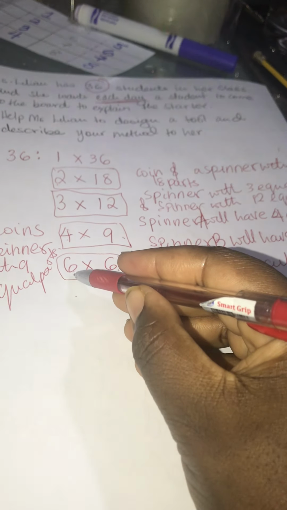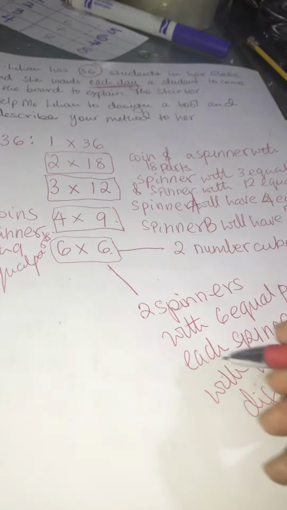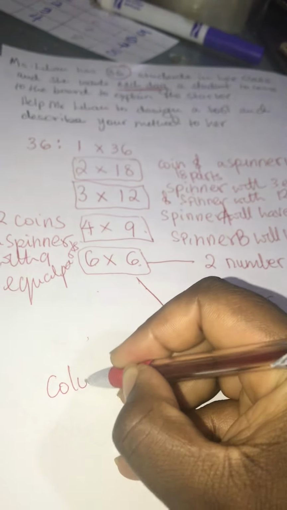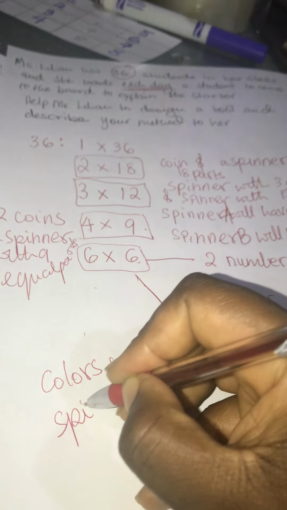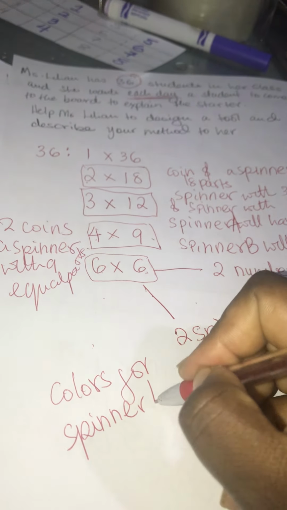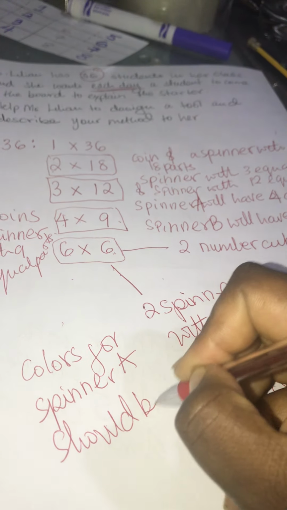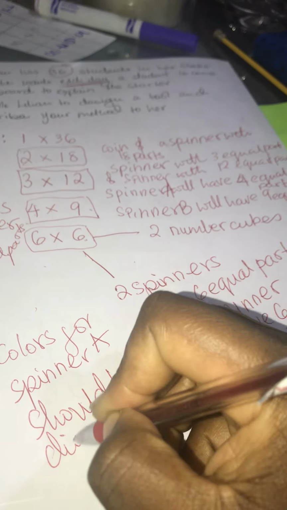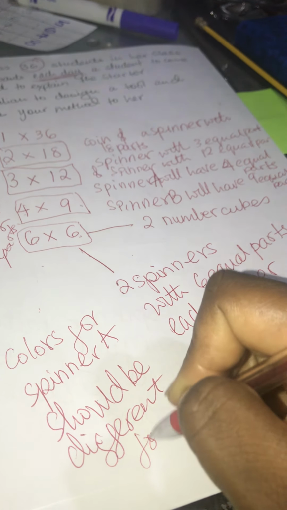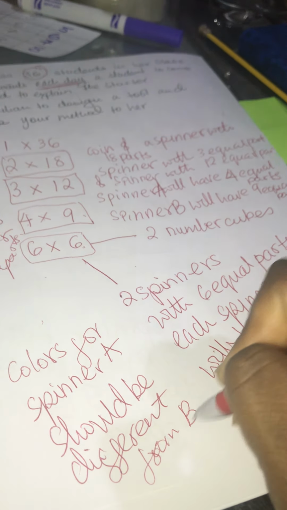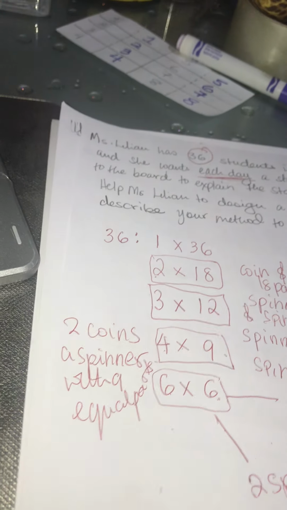So the colors for spinner A will not be the same as the colors in spinner B. Colors for spinner A should be different from spinner B. So that is how you do this lesson.